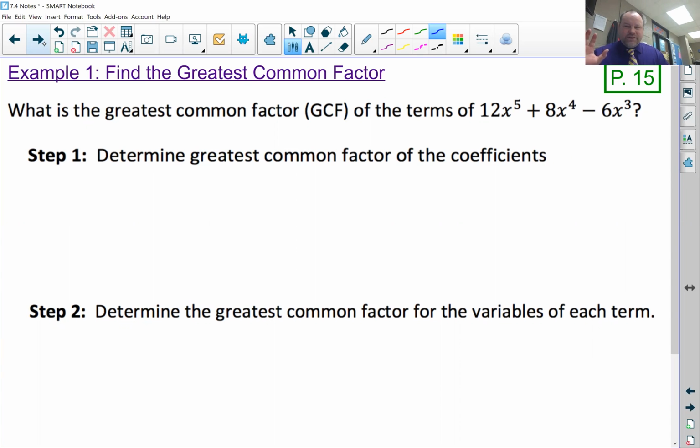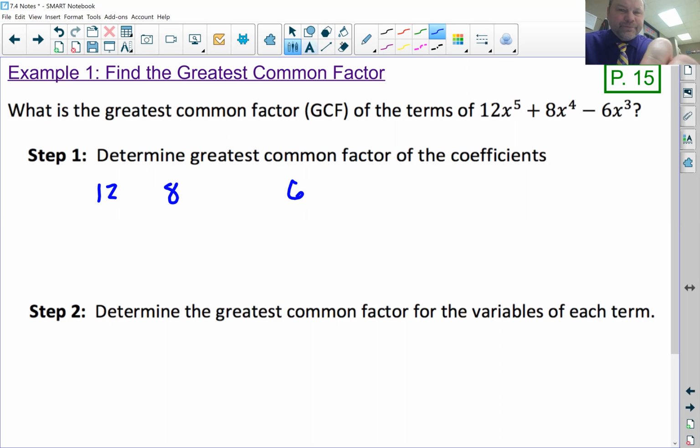Notice, first of all, it is in that standard form, which we like. That's actually going to make the process a little bit easier. So the first thing we need to do is figure out the greatest common factor with the coefficients. So the largest number that divides evenly into 12, 8, and 6.